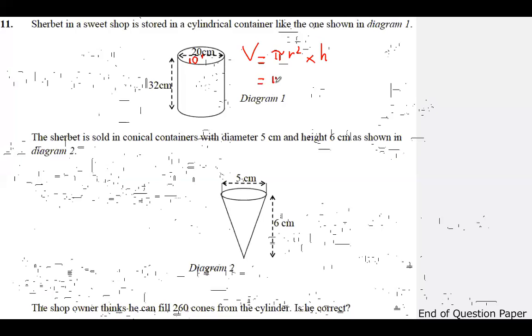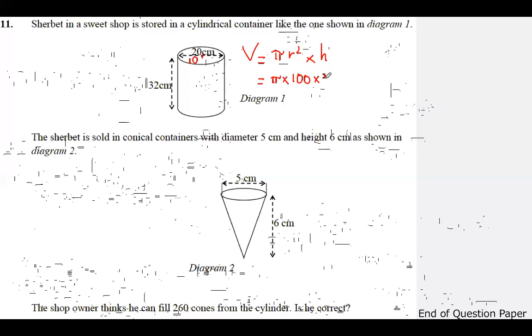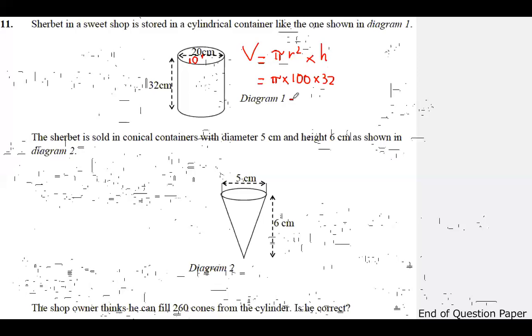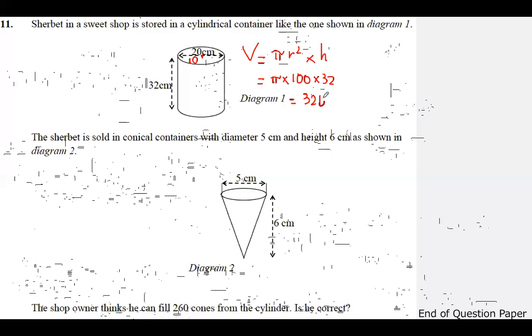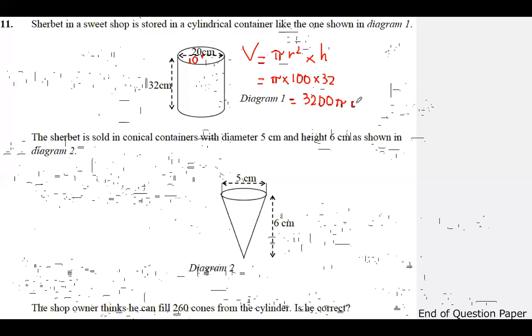So pi times 10 squared, which is 100, times 32. I'm just going to write it as 32 times 100, which is 3,200. Pi, I'm going to leave it as pi just now. You're going to see why. Centimeters cubed.